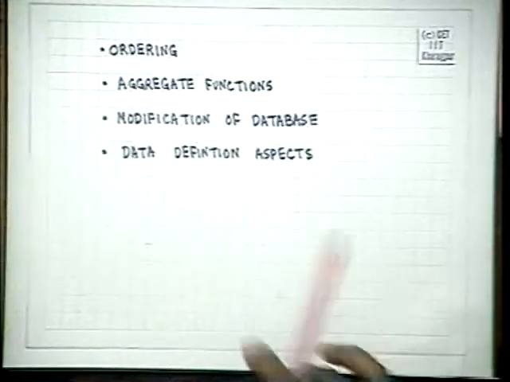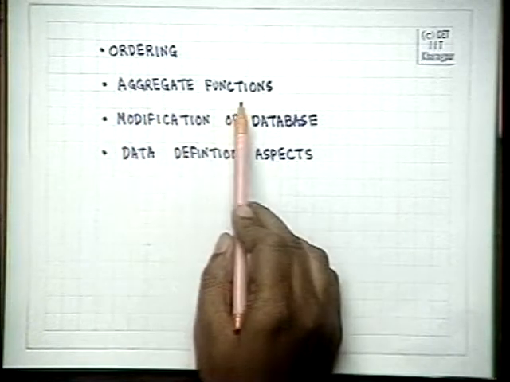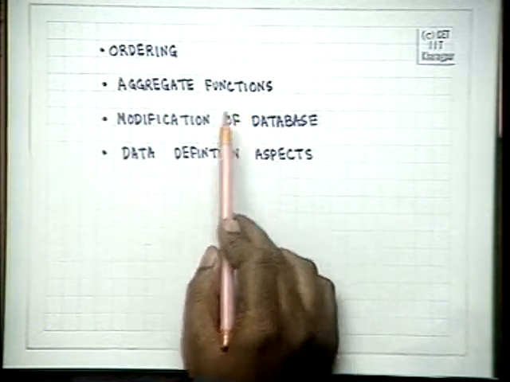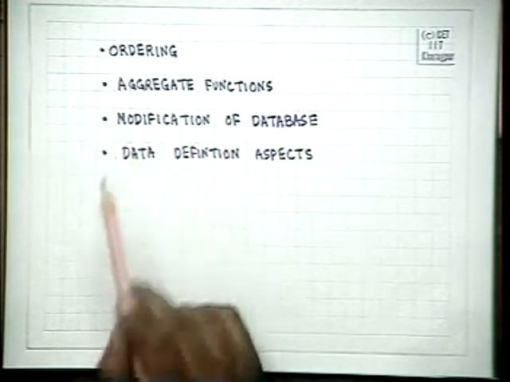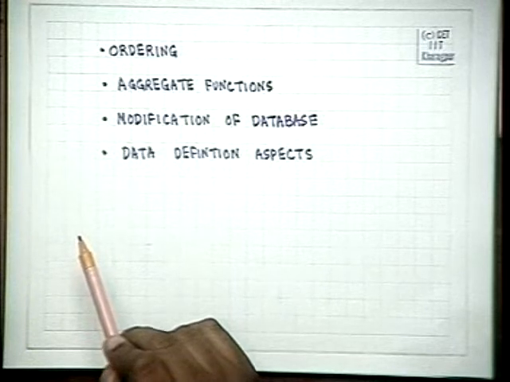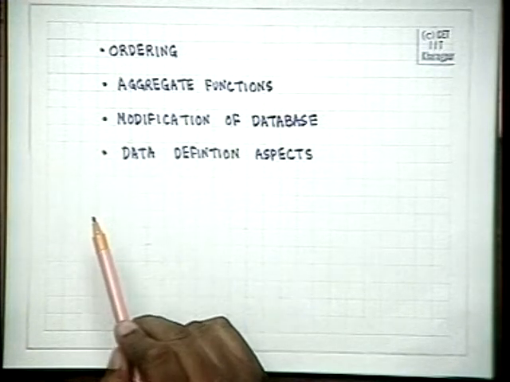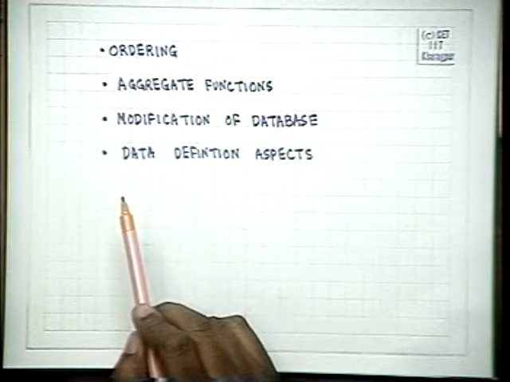So we have seen the additional SQL operations, we have seen the ordering operation, we have seen the aggregate functions, and now we will see something which is related to modification of the database. Till now, whatever we have done in query processing is just to get some answers from the database.